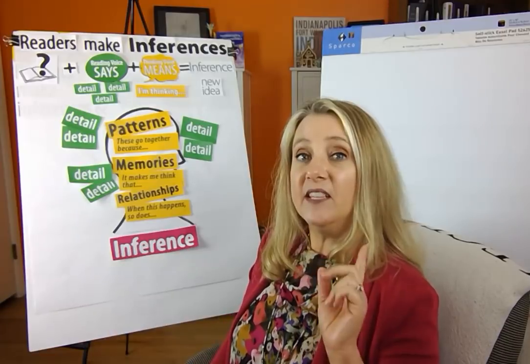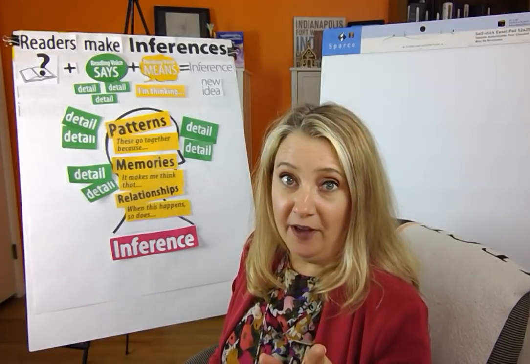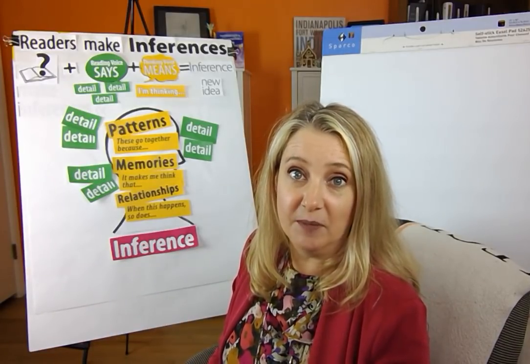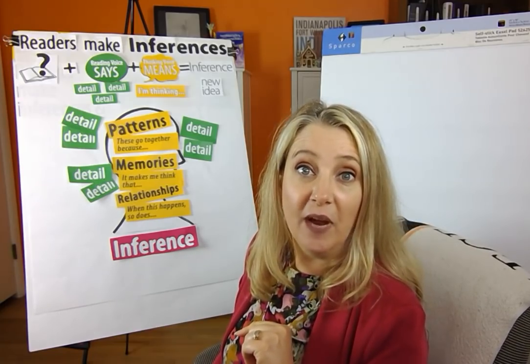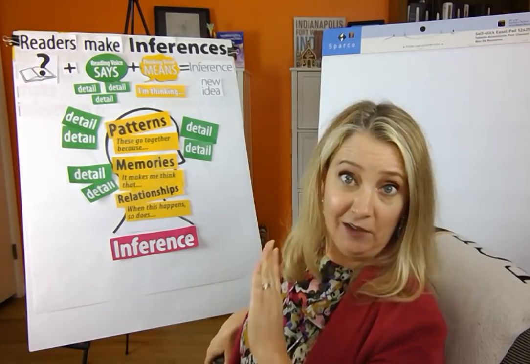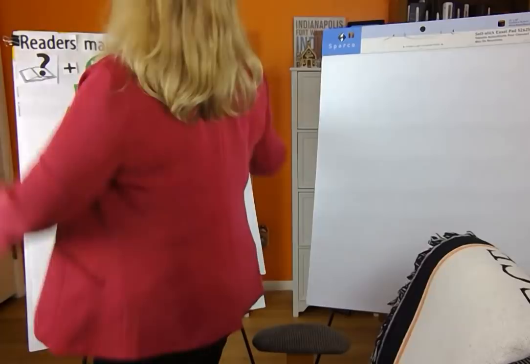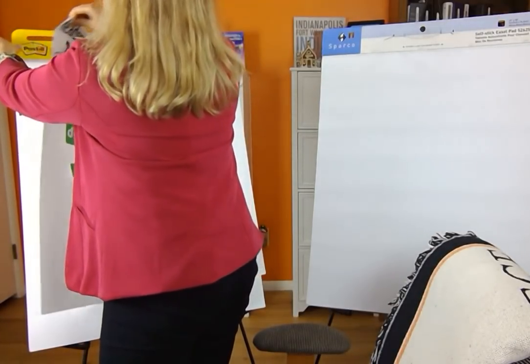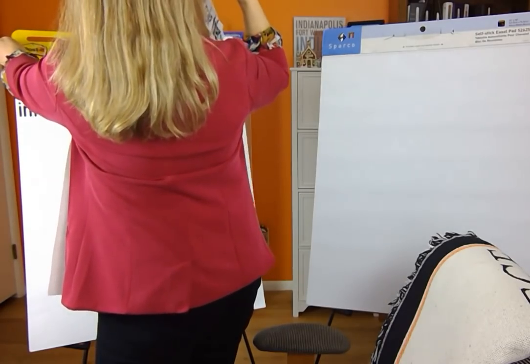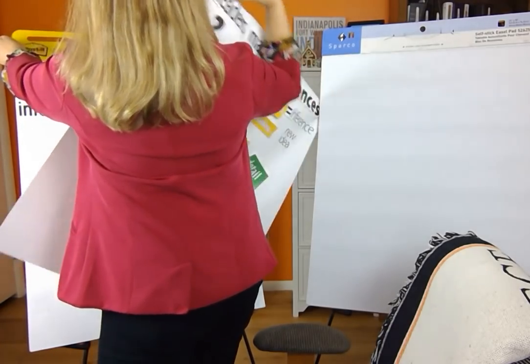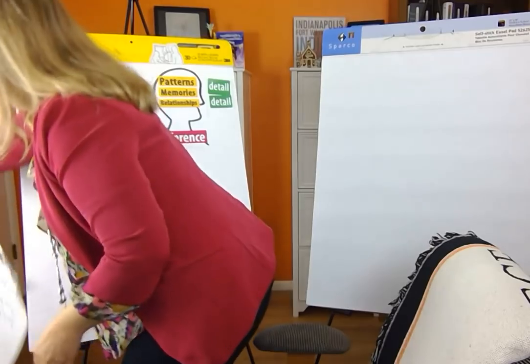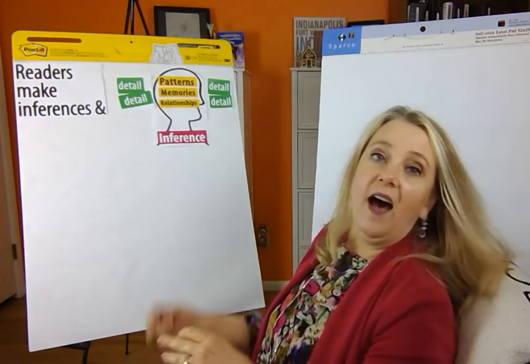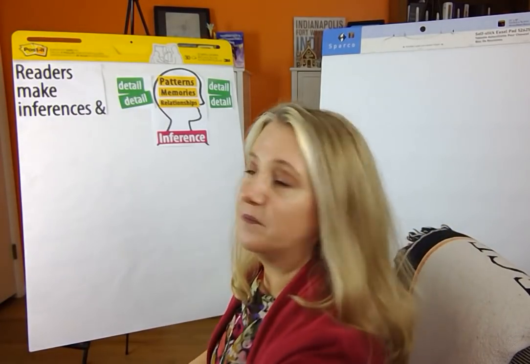Okay, so today I want to add on to this concept. And I'm going to use a new anchor chart because this one is getting full, isn't it? It has a lot of stuff going on here. So I'm just going to remove the first anchor chart that we talked about. And now I'm unveiling a new one.